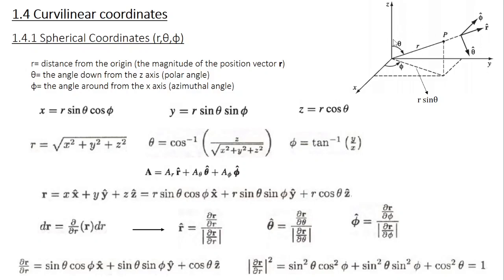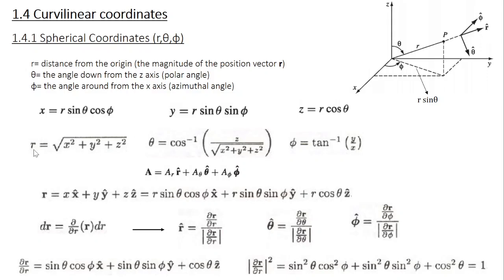If this is r cos theta, then the other component, which is the projection of the r vector on the xy plane, will automatically be r sin theta. If this is r sin theta, and the angle between the x-axis and this vector is phi, consequently this component is going to be r sin theta cos phi, and the y component is r sin theta sin phi. So this is x, y, z in terms of r, theta, phi.